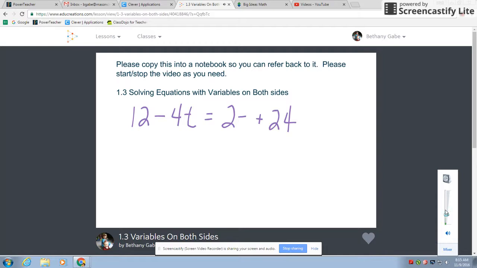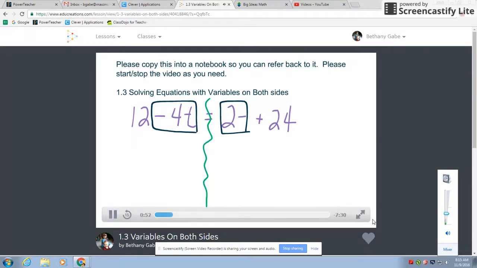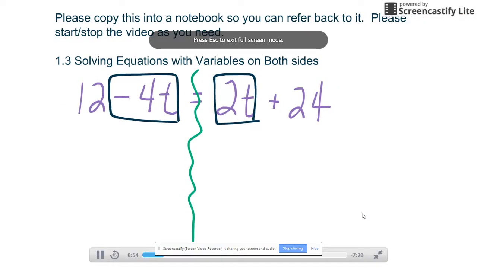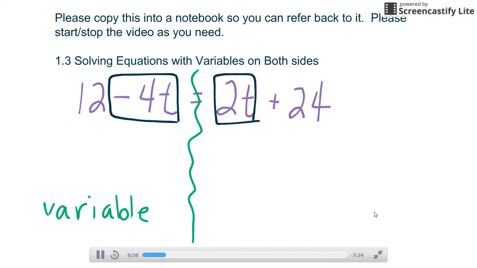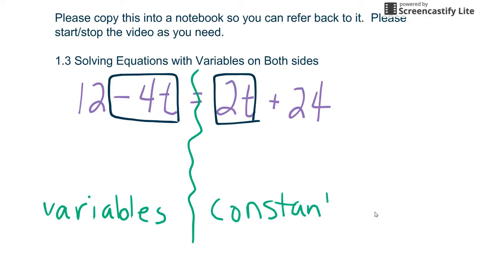Basically what you can see is you have some t's over here and some t's over here, but the problem is they're on different sides of the equal sign. So anytime you have variables on both sides, it's important that you gather all of your variables on one side, and all of your constants on the other side.